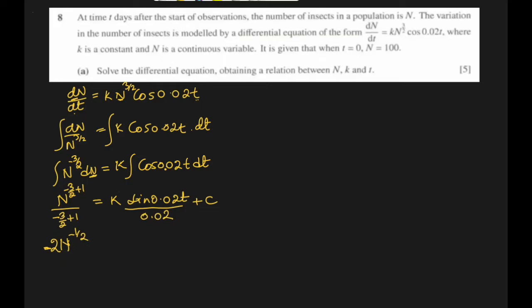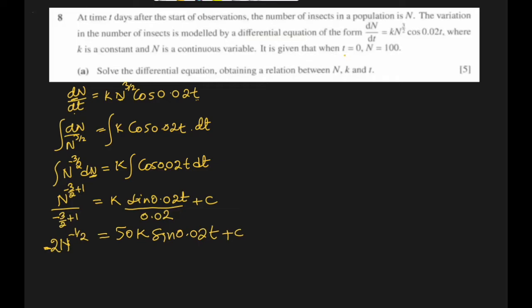Okay. What about the right side? 1 over 0.02. You can use your calculator, it will be 50. So it becomes 50k sine 0.02t plus c. That's the simpler version.